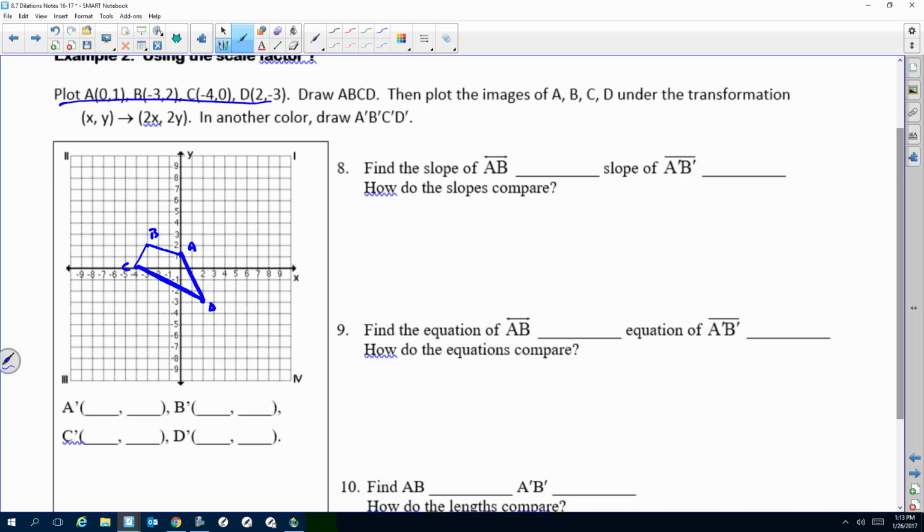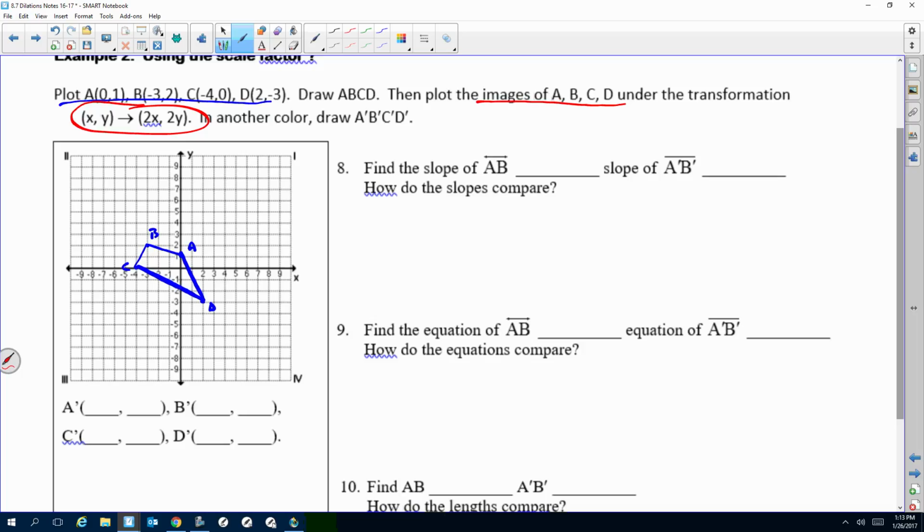All right, so what quadrilateral do we have here? Not a kite. Okay. All right. We're going to plot the image under the transformation. X and Y is now going to be 2x and 2y.